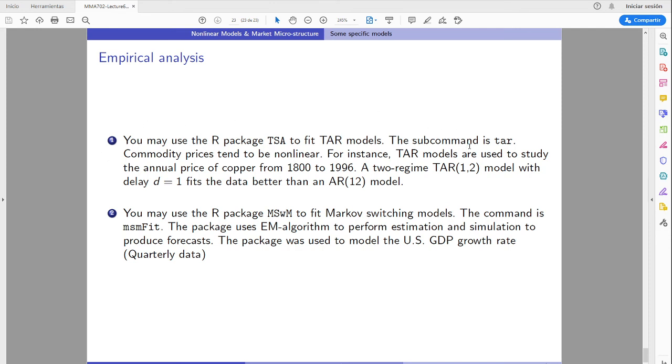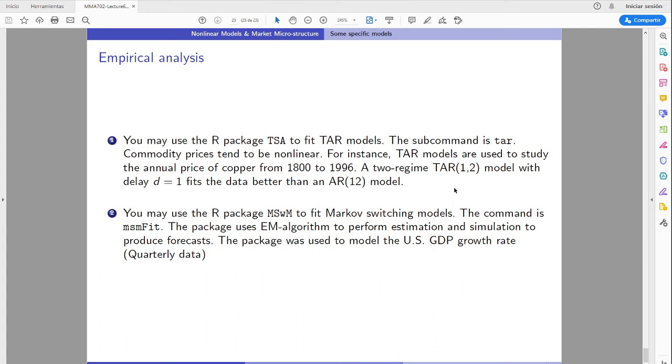For example, TAR models are generally used to study the annual price of copper from 1800 to 1996. If we use a 2 regime TAR model with order 1 and 2 and delay 1, this actually fits the data better than an AR(12) model, which has a ton more coefficients to work with.